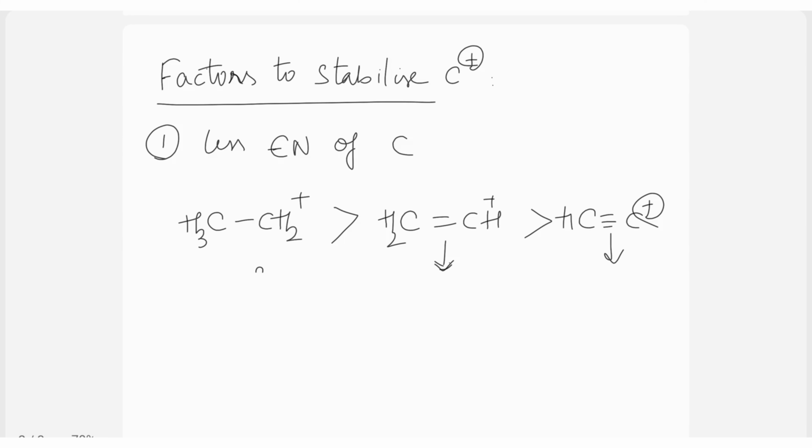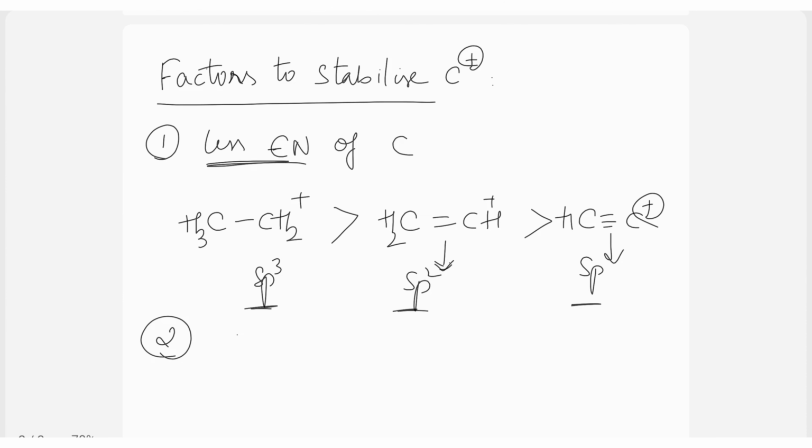So simply, the carbon has to be sp3 hybridized instead of sp2 and sp. Then the electronegativity of the carbon is going to be less and the carbocation will become stable.